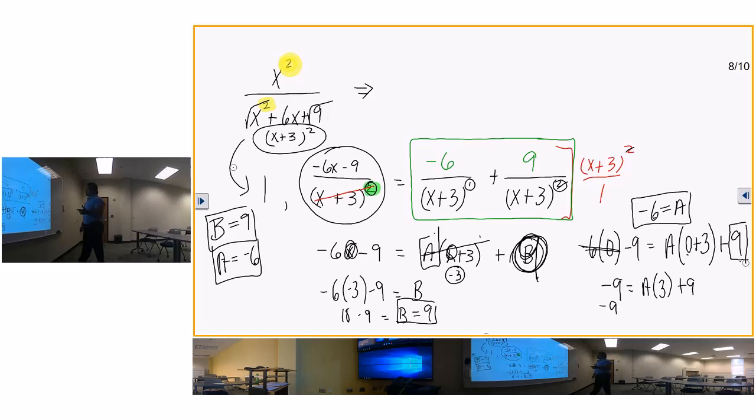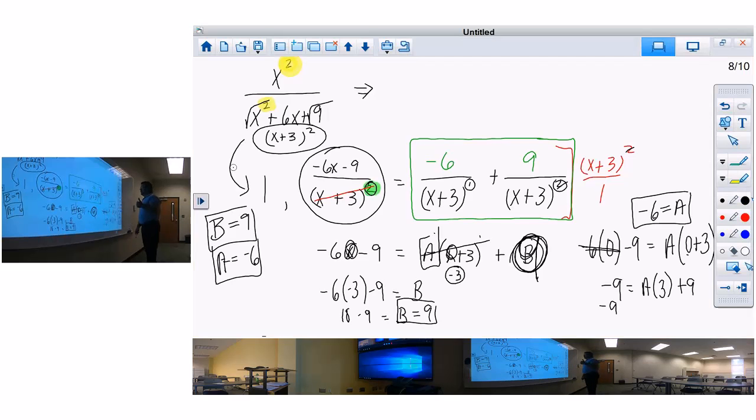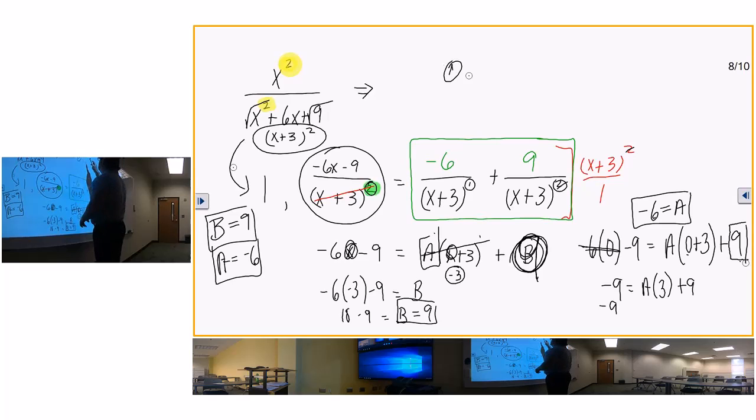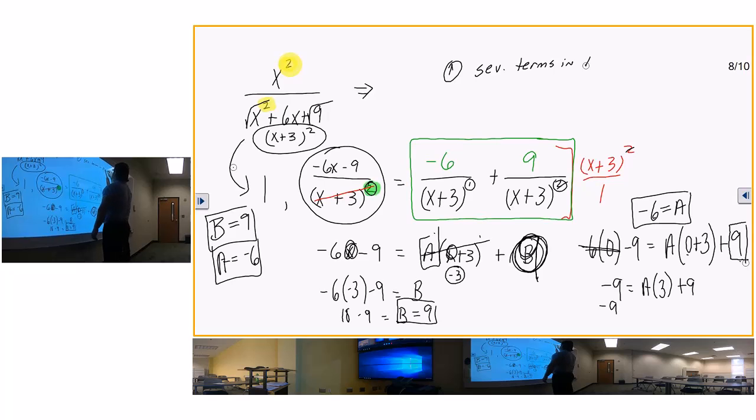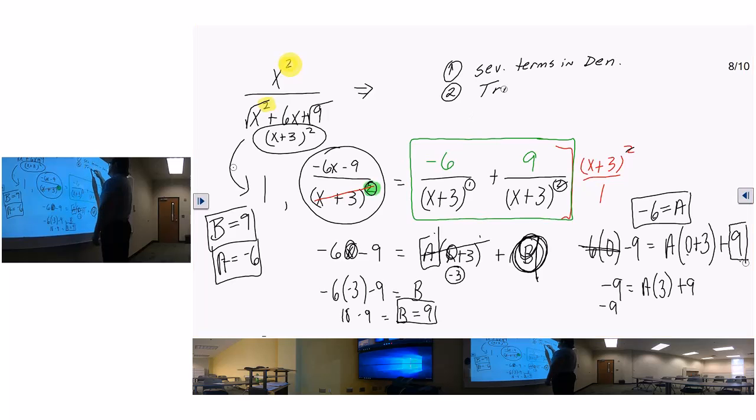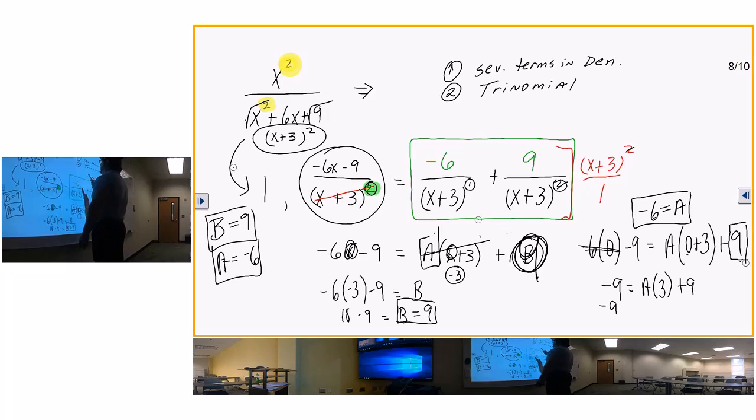So far we went over 3 type questions. We went over one that had several terms in the denominator. Second one, we had a trinomial in the denominator, and we factored.